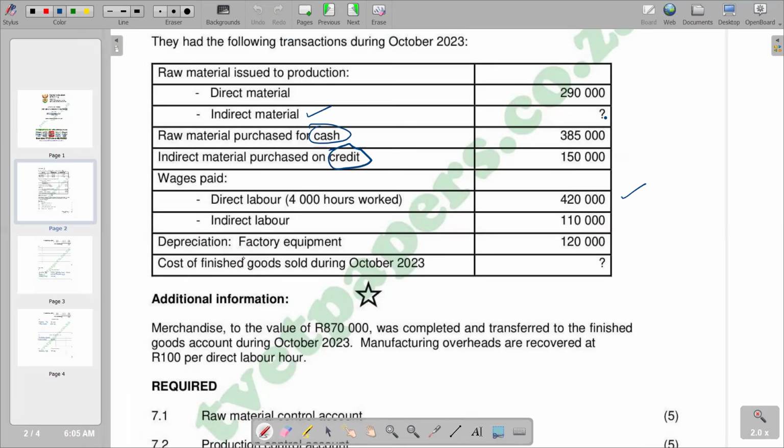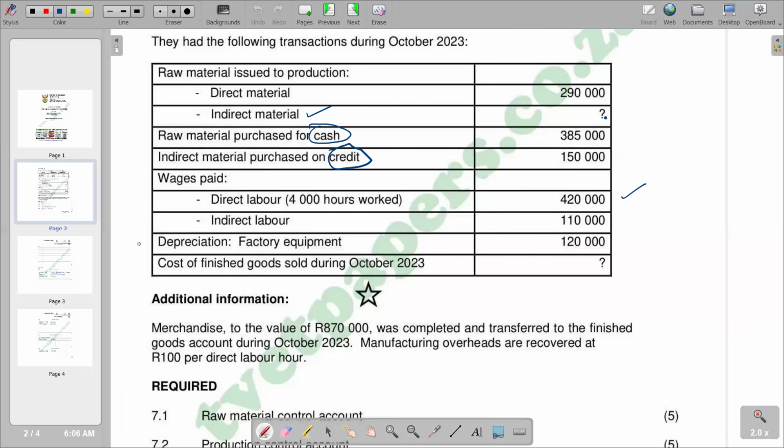We now have the next one. We put wages paid for direct labor, 4,000 hours worked, which is 420,000. We did debit the production control, and then we also entered in terms of indirect labor.